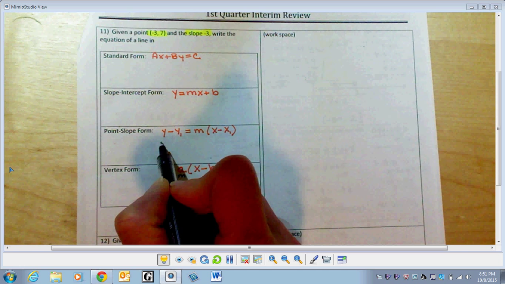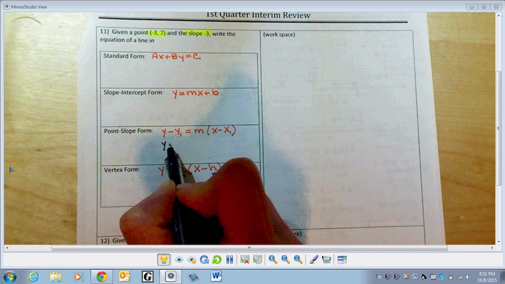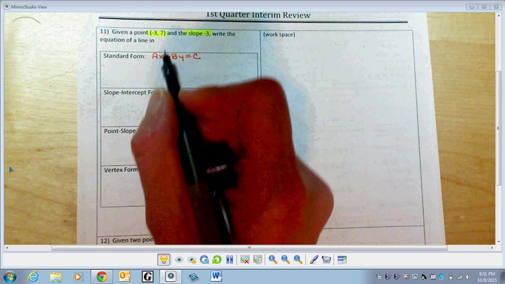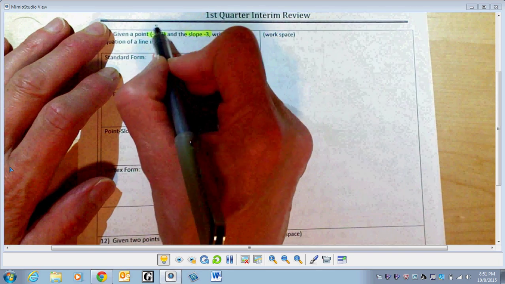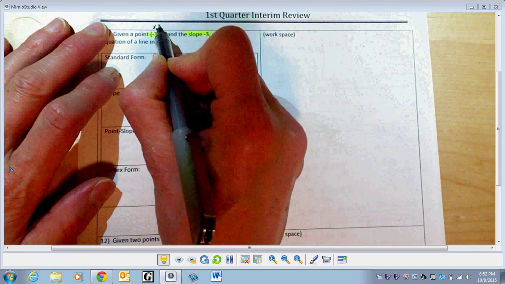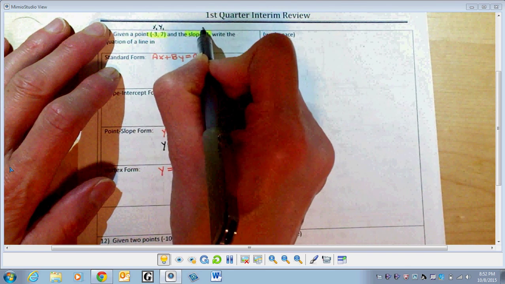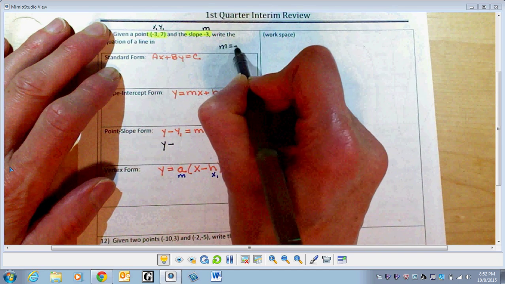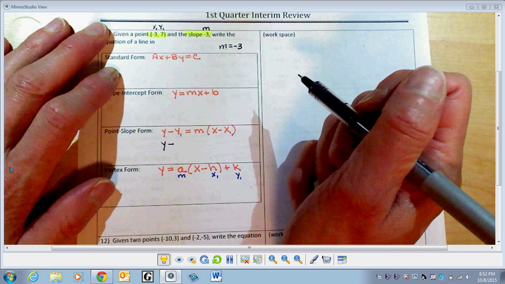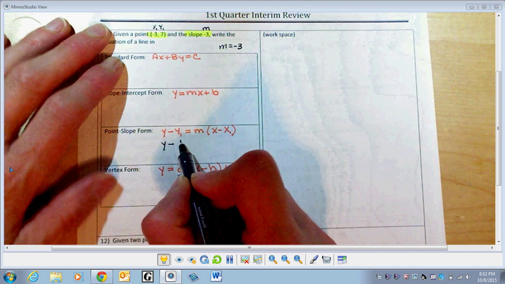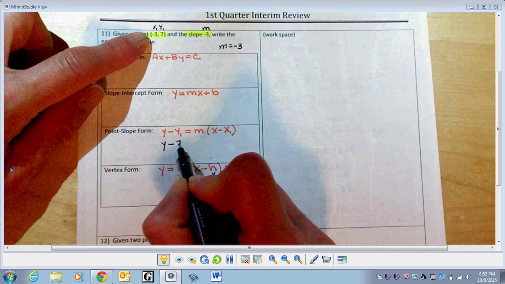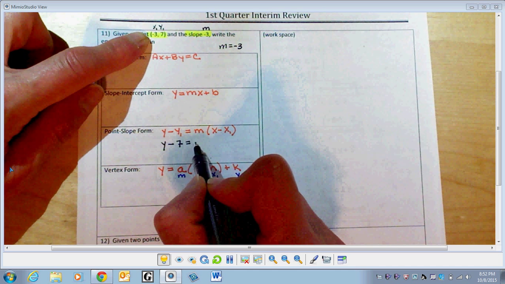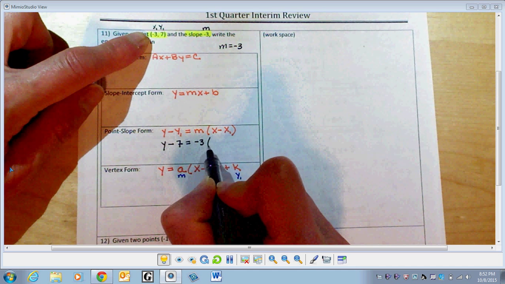So that means this y stays, minus my y1. Well, let's mark this. This is x1, y1, and this is my slope. So I might write m equals -3. Okay? So my y1 is 7, equals my slope, -3, times x.